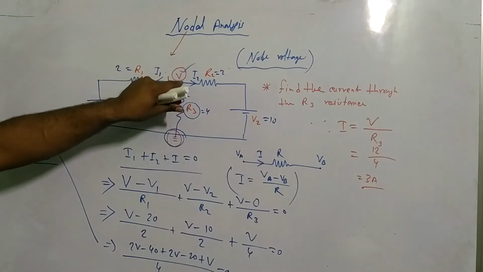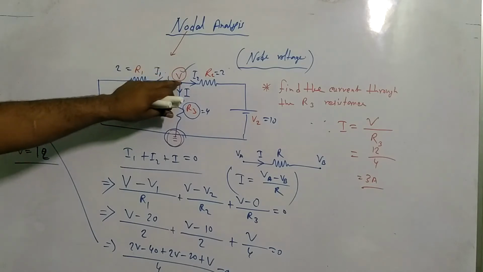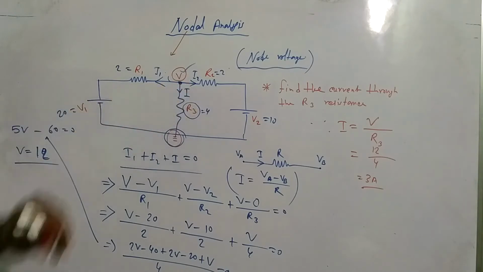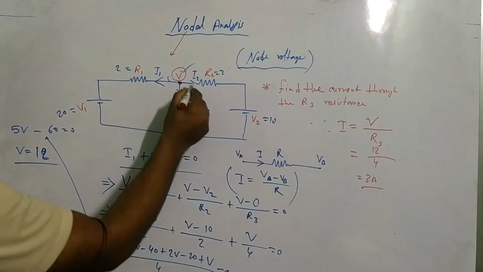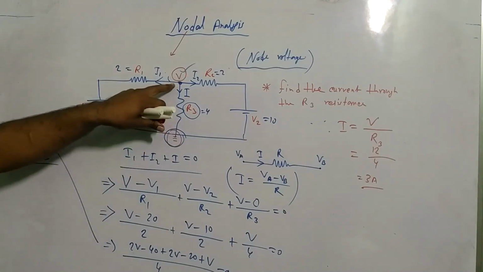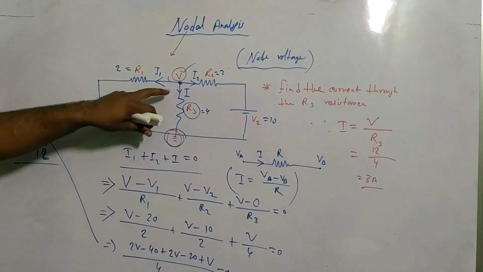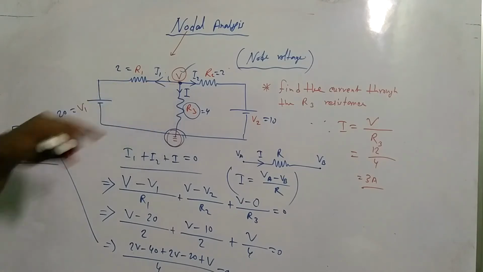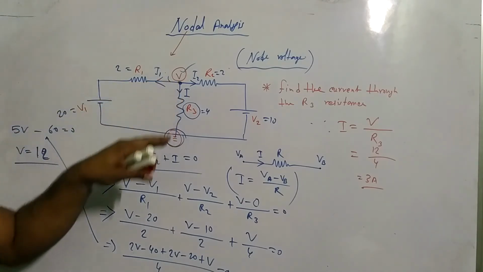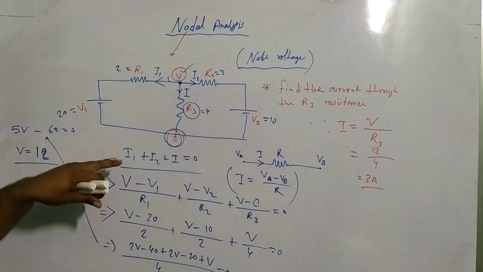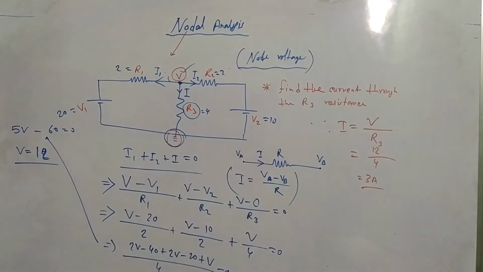If I assume this is the higher value, then the current will leave from this point, leaving through these three branches. Now I am applying KCL at this node. All are outgoing currents, no incoming current. That's why the sum of outgoing currents equals 0.